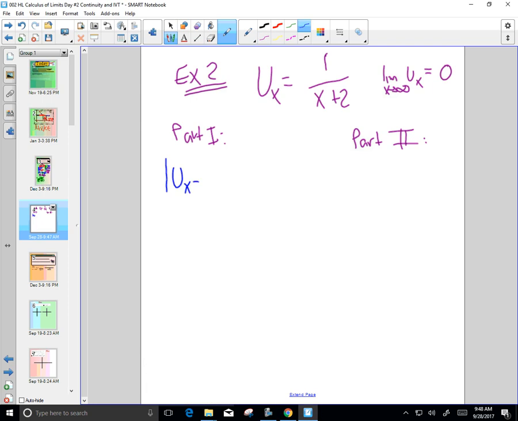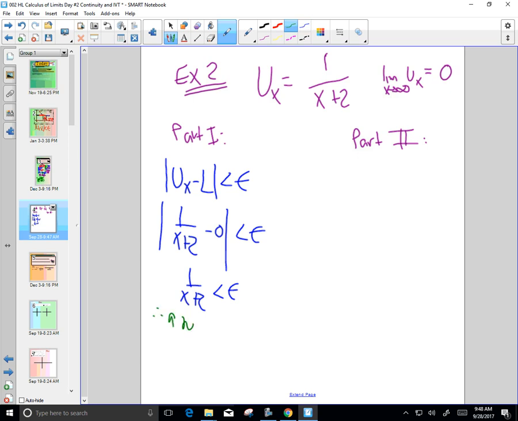So u of x minus L is less than epsilon. So we have 1 over x plus 2 minus 0 less than epsilon. Well, 1 over x plus 2, is that a relationship?